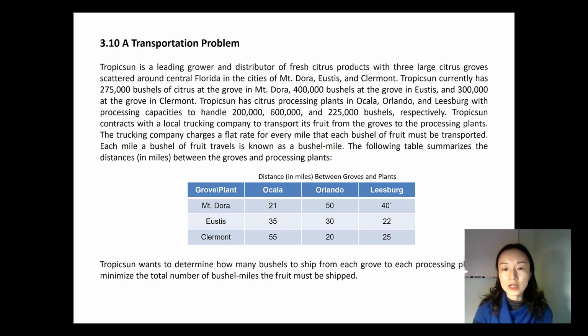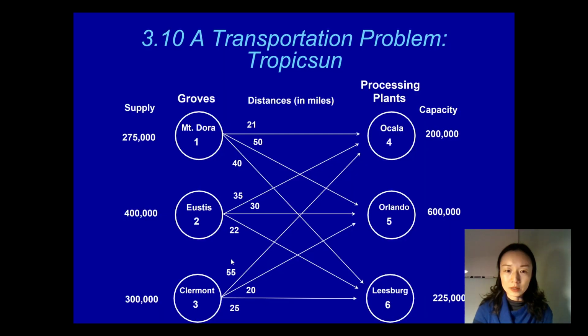We've already created the LP model for this problem and also created a graph to analyze it at first. So we can see that the decision variables are how many citrus to ship between each pair of the grove and processing plant.